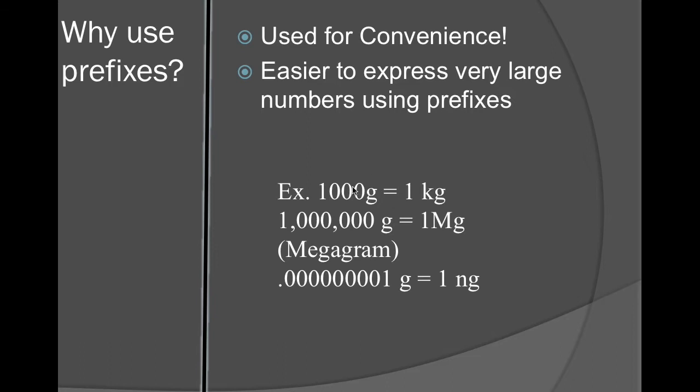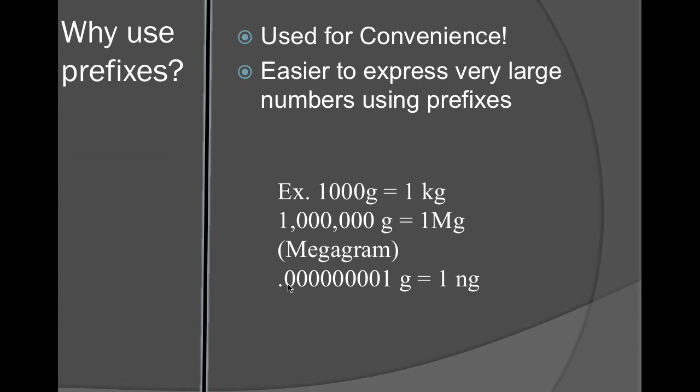For example, if I were to say 1,000 grams equals 1 kilogram, I know what 1 kilogram feels like. I know what the mass of 1 kilogram is like. You don't have to tell me 1,000 grams. I can't really wrap my head around that. Instead of 1 million grams, you could say 1 megagram.